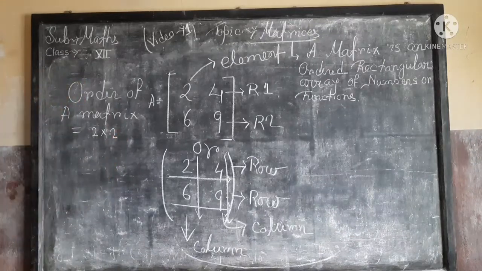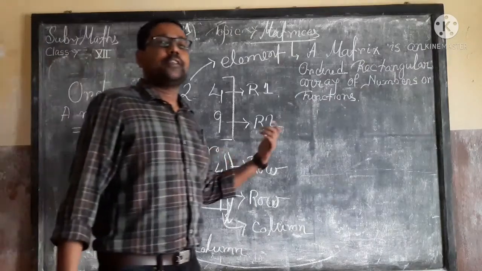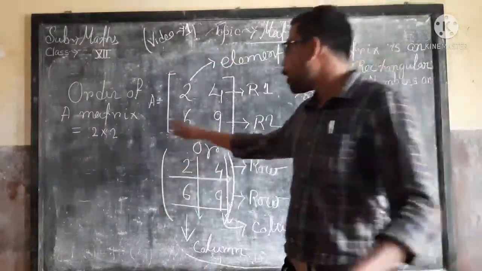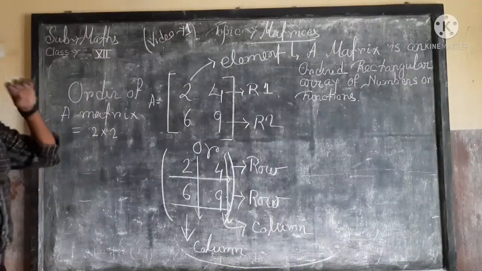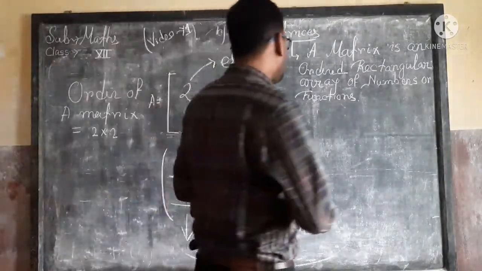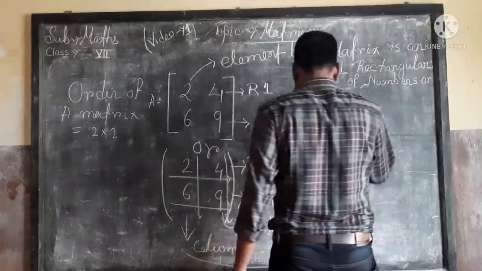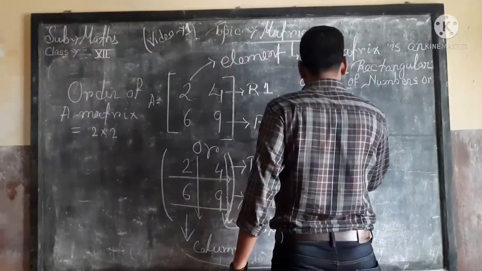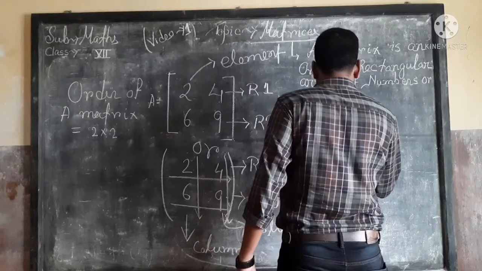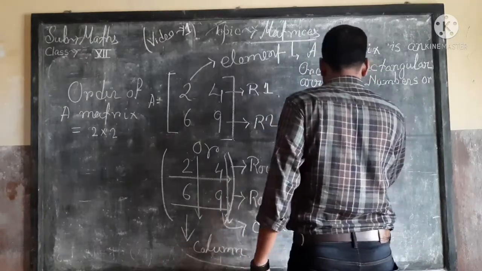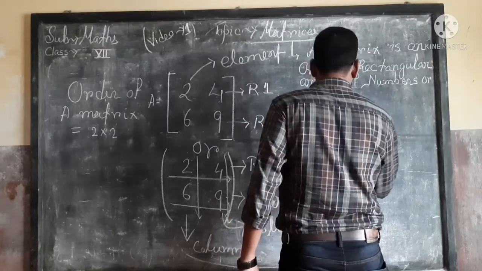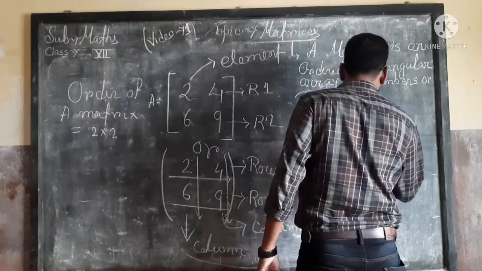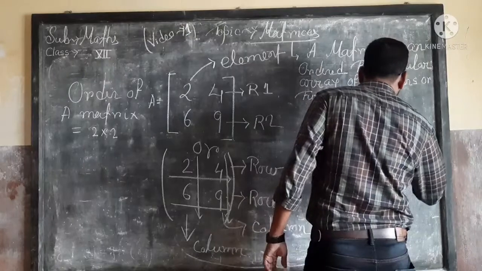This is the representation of the order of any matrix. That means the first number is the total number of rows, cross the total number of columns in a given matrix. This is the general notation of the order of a matrix.